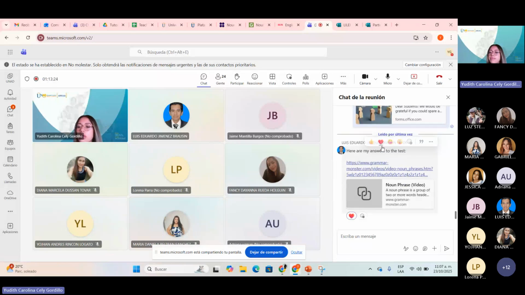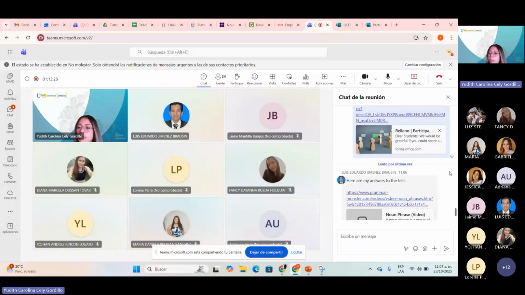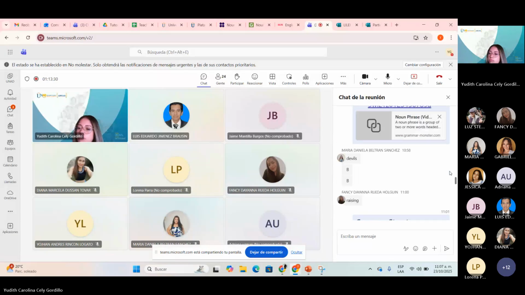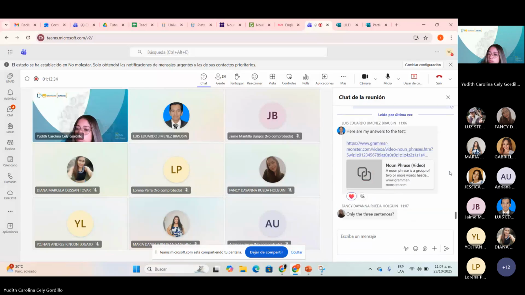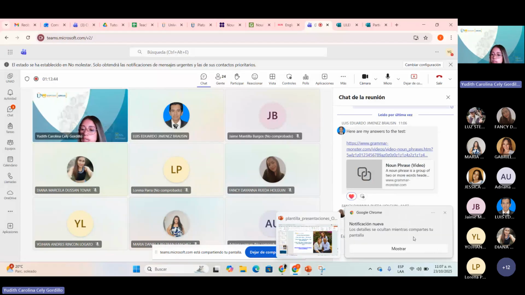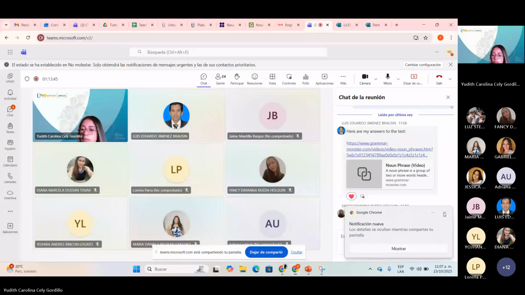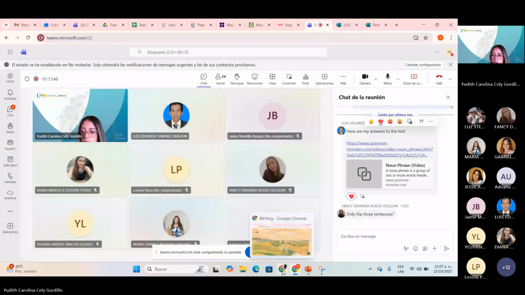Okay, that's right. Yeah, only three sentences. The idea is you can create them in the Padlet. Yeah, you can. That's right.